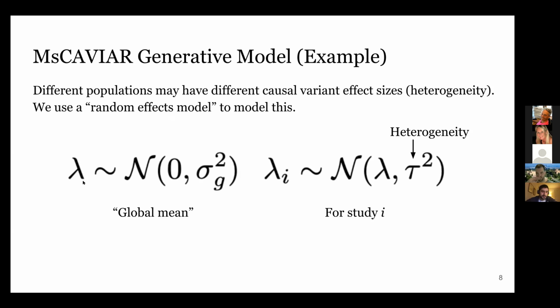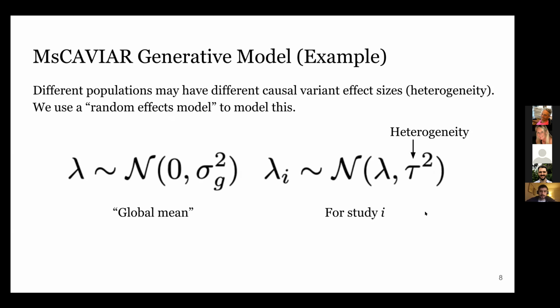So first we draw in the same fashion this lambda parameter, and you can think of this sort of as a global mean effect size over all possible populations. And then around this global mean, we draw the effect size of that SNP in each study i, with a variance that we call our heterogeneity parameter, tau squared.